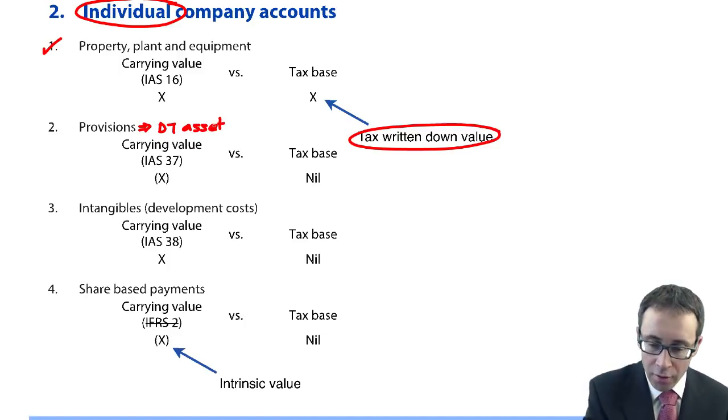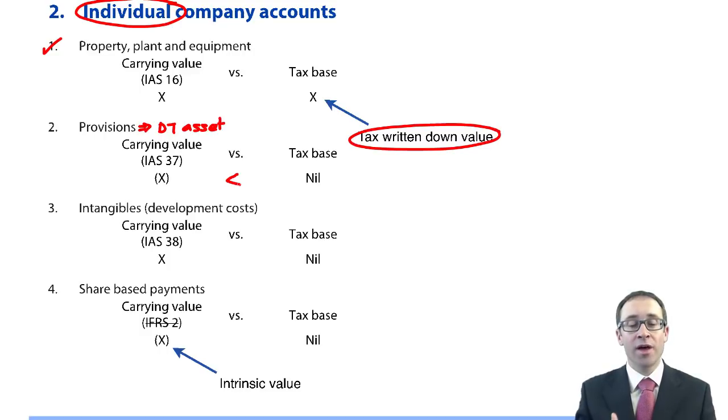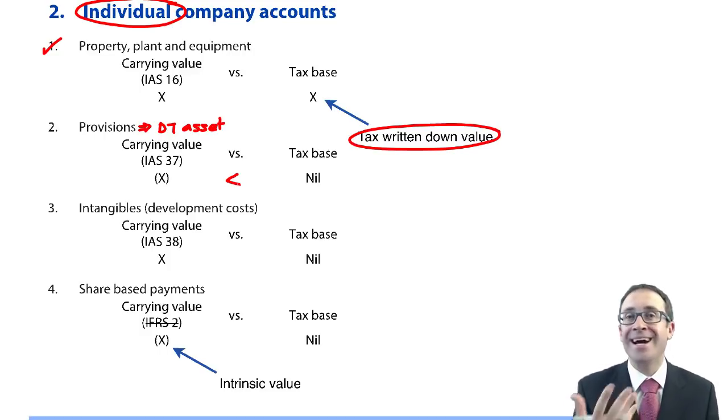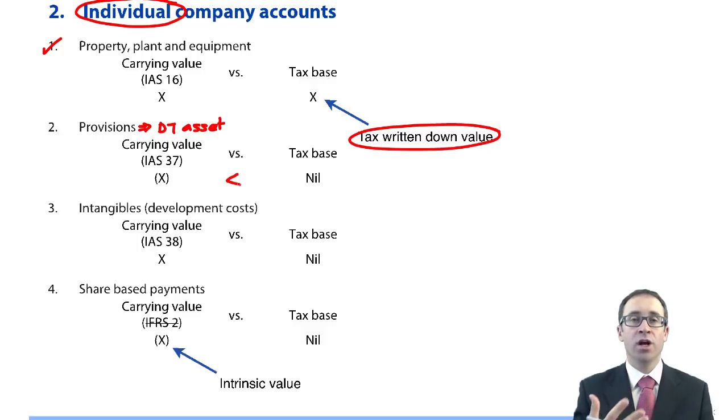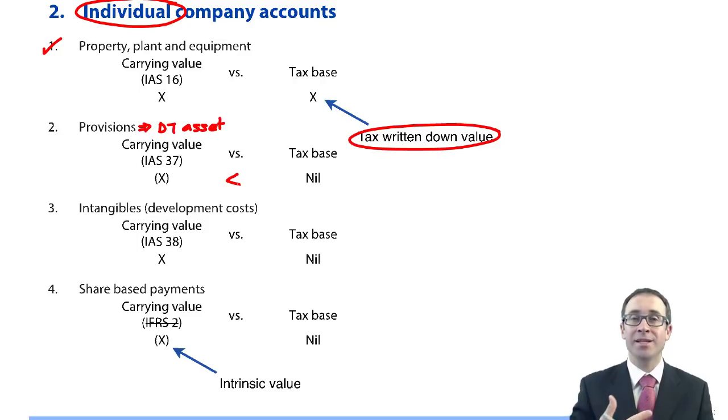So to ensure that the carrying value is less than the tax base, make sure there that you treat the liability as a liability and show it in brackets. Okay, if you show it in brackets, your negative figure is always going to be less than the tax base of 0, and therefore we have a deferred tax asset. Deferred tax asset, a tax deductible temporary difference, because when we pay the cash in the future, we will save tax.